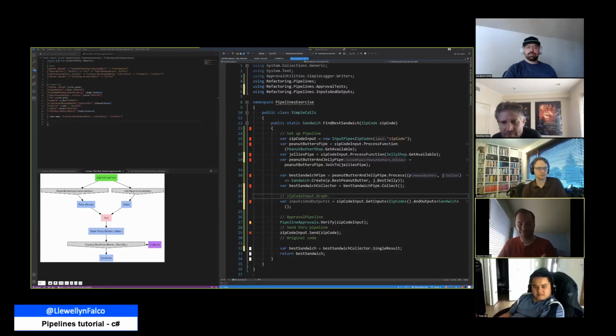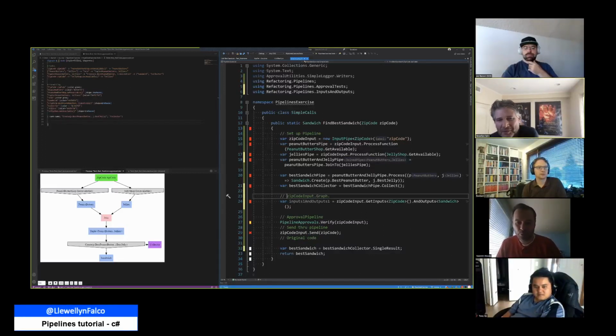So the fact that you get the inputs and outputs enforces the fact that this is not a graph. Okay. Yeah, anyhow, we'll come back to that. I think it's an interesting point. I'm not sure how to process it right now.